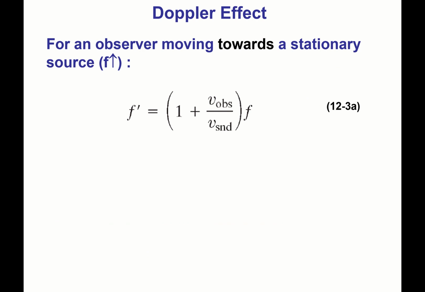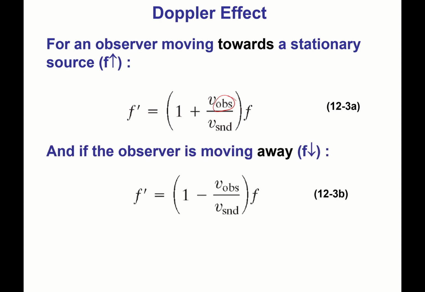So again, if you're moving towards the stationary source, you want the frequency to go up. So the new frequency is the old frequency multiplied this time by a factor that's bigger than 1. And so now we have 1 plus the speed of the observer over the speed of sound. And if it's moving away, you multiply by a factor smaller than 1, so the frequency goes down.